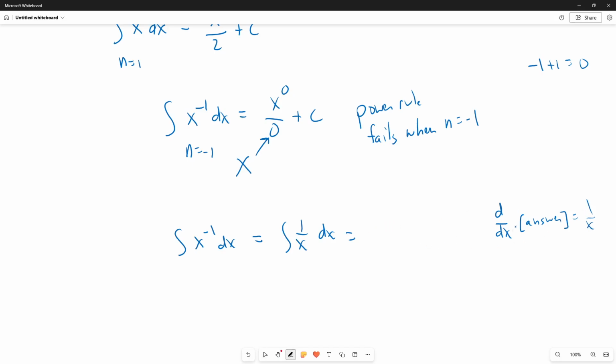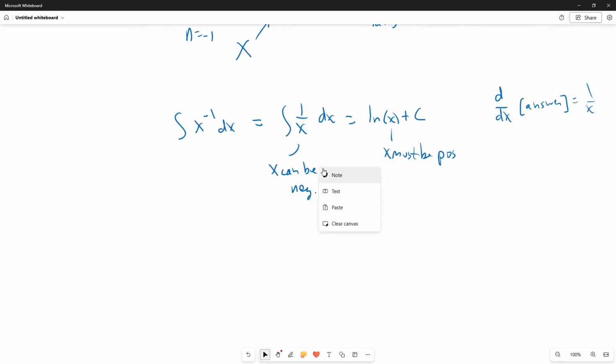And I think we know a function whose derivative is 1 over x, and that's the natural logarithm of x. Now I'm going to write here natural log of x like that, and then I'm going to comment that this is still not the best answer, because this function allows x to be negative. X can be negative. And here, x must be positive.